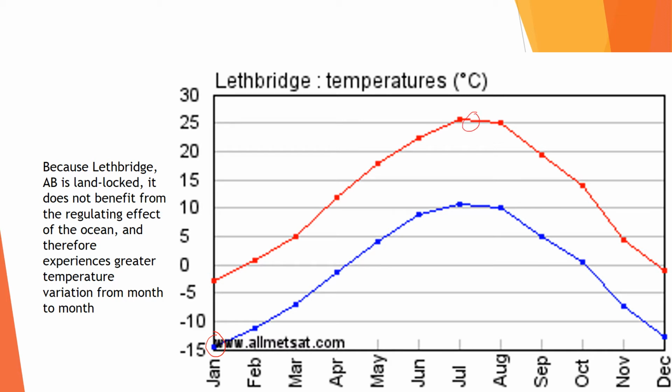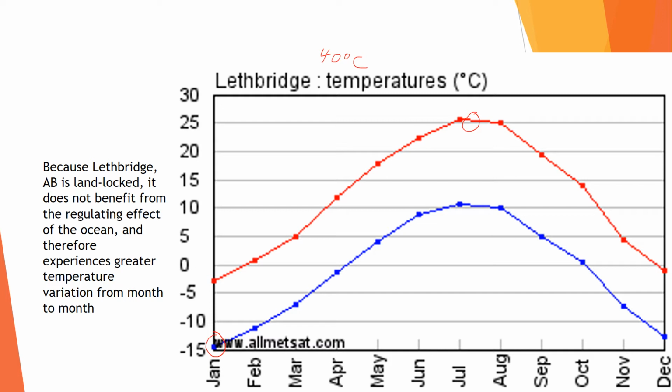So this is a disparity of about 40 degrees between the highest high and the lowest low. So that's double the difference of Vancouver. Like we said before, Vancouver has about a 20-degree difference from its coldest average to its highest average, whereas Lethbridge has a 40-degree difference.